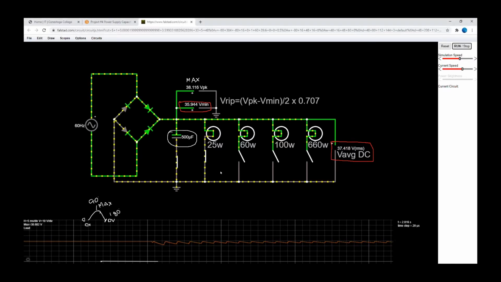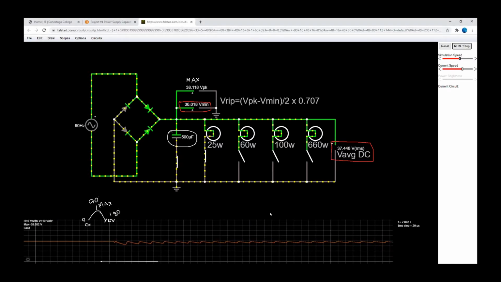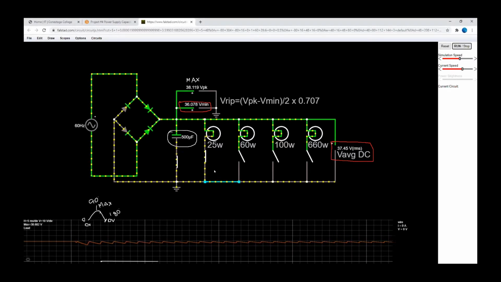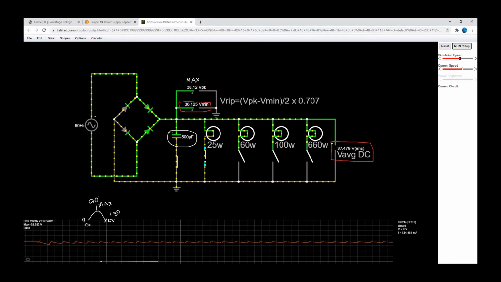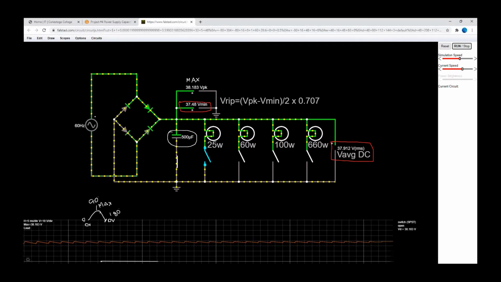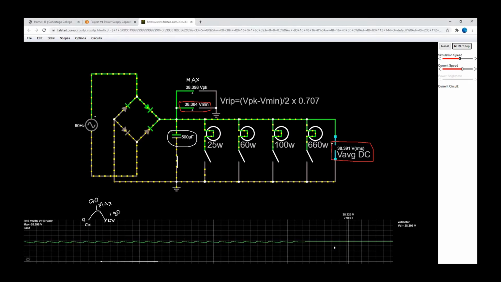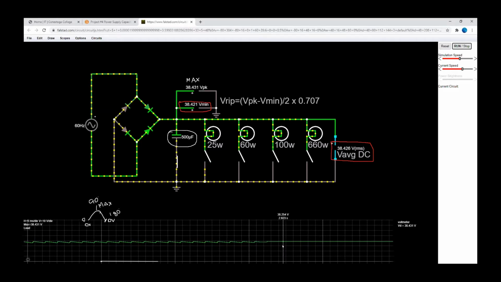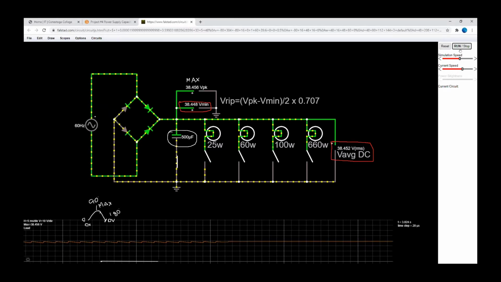Now, let's continue running this simulation and observe what is going to happen, okay? When I disconnect this load, everything goes back to having a perfect DC signal.